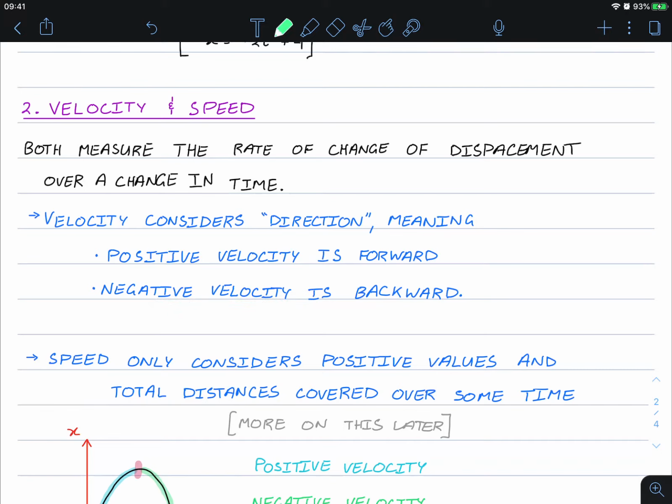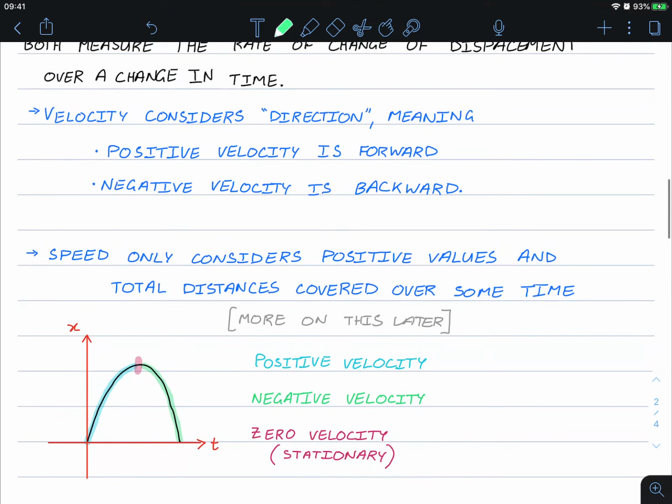By that we mean if we consider throwing upwards, forward, the speed that it took to go up is positive velocity, and going downwards would be negative velocity. Speed, on the other hand, only considers positive values and total distances covered over some time, and we'll cover more on this later.